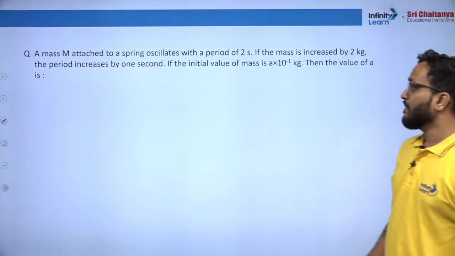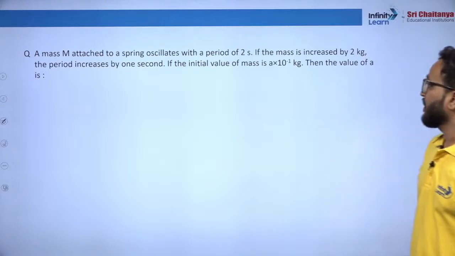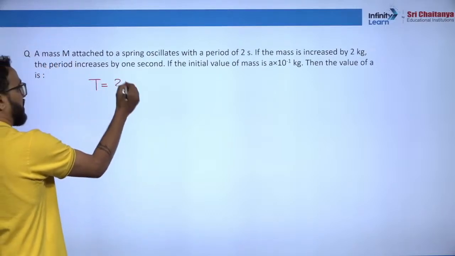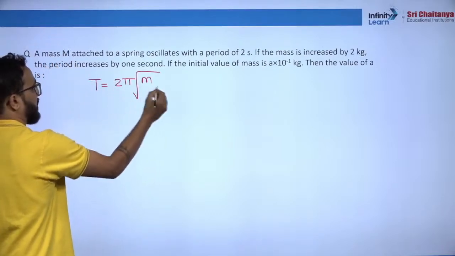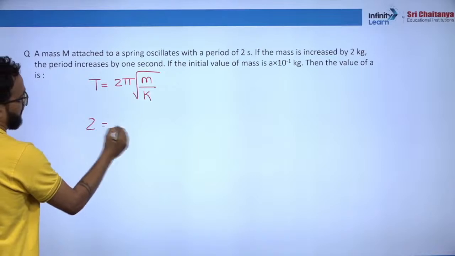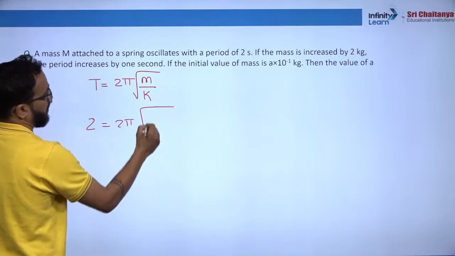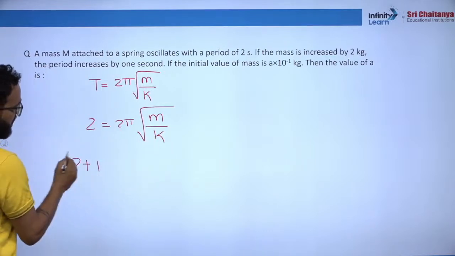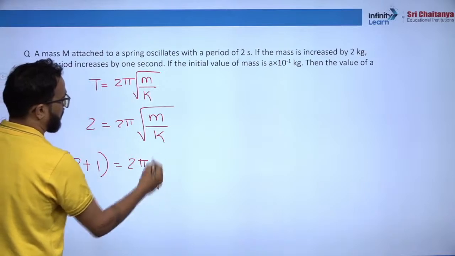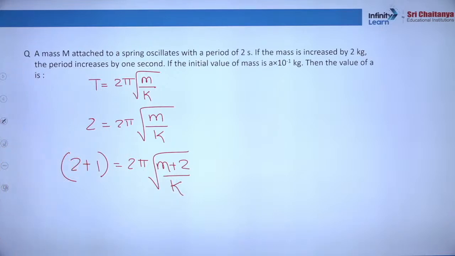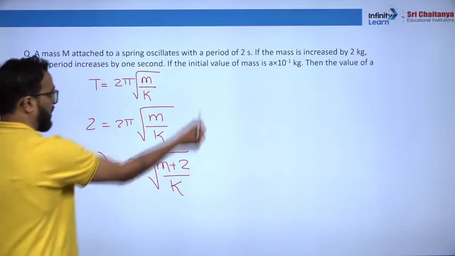Now a mass m is attached to a spring and oscillates with a time period of 2 seconds. If the mass is increased by 2 kg, see, what is the formula of time period? 2 pi root over m by k, right? So time period is 2 seconds, which is equal to 2 pi root over m by k. Then time period becomes 2 plus 1, that is 3, equal to 2 pi root over (m plus 2) by k. Got it? So initially the mass was m and it was increased by 2 kg, and the time period increases by 1 second. Take the ratio.